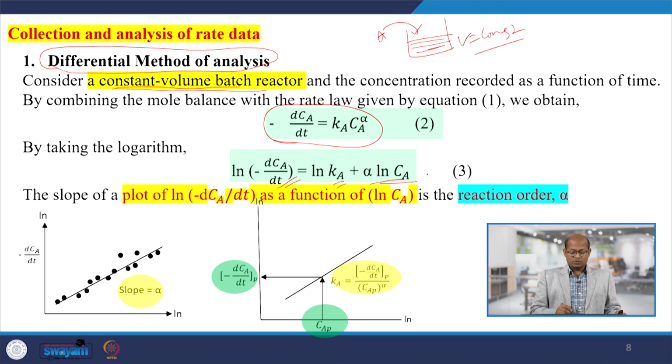Now minus r_A equals minus dC_A by dt, so this is the rate.